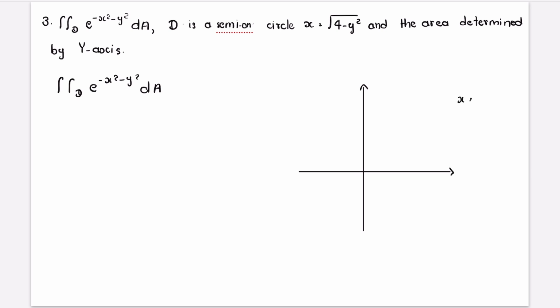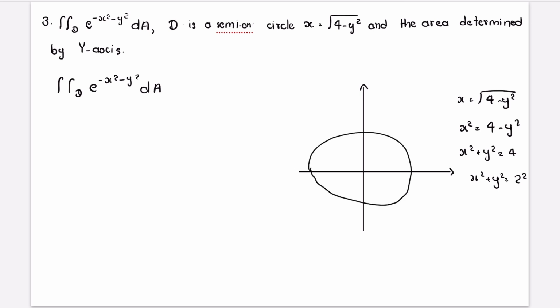The given bar is y equal to square root of 4 minus x squared, right? And then x squared plus y squared equal to 4. That means x squared plus y squared equal to 2 power 2. That means the radius is 2.